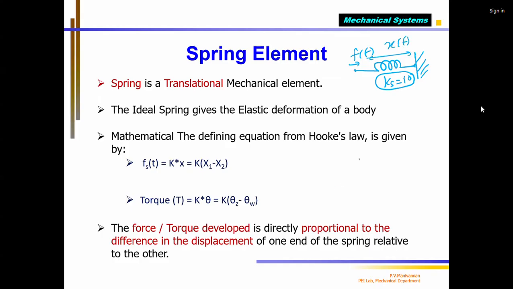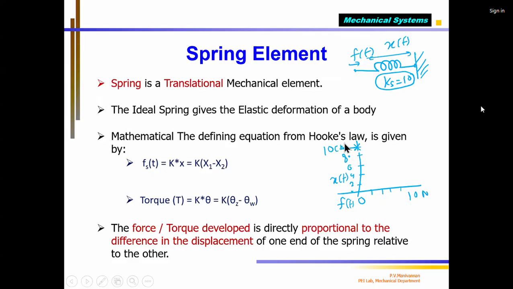I can apply input force from 0 to 10 Newton, 1, 2, like this. Then I measure the change in length. On the x-axis is force F of t, and on the y-axis is x of t, the length of this spring. Originally, it was here, 10 centimeter. This is 10 centimeter, this is 8, 6, 4, 2, 0.